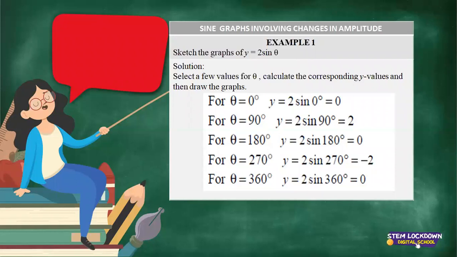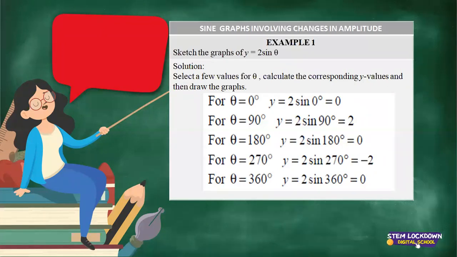Initially we used a full table, now we are at half a table. From there you can get the graph without even the table at all. We can use 0, 90, 180 to 360, and that will still give us the perfect graph.